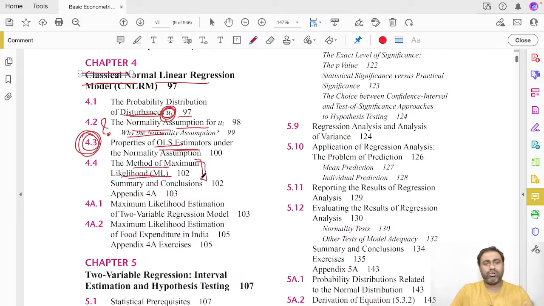It's important that you go through it, but not very deep. In chapter 4, the part you need to go through is 4.1, the introduction part, nothing big deal, so you might leave it. But 4.2, the normality assumption of ui, you should go through it. And the second is 4.3, again a very small chapter, so not a big deal.